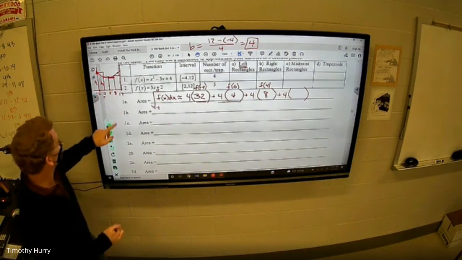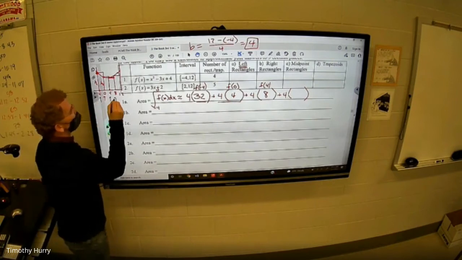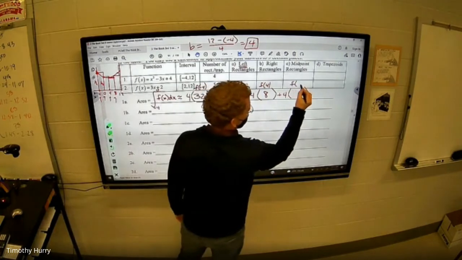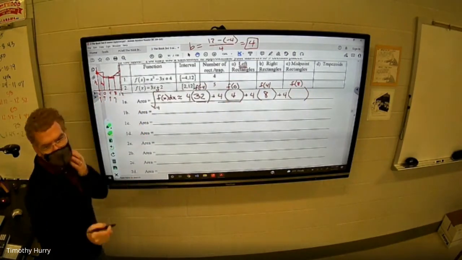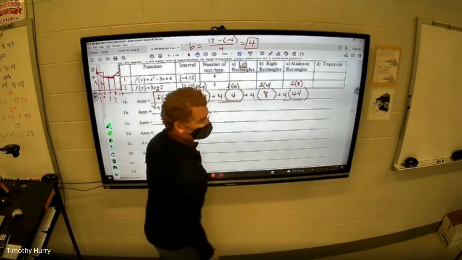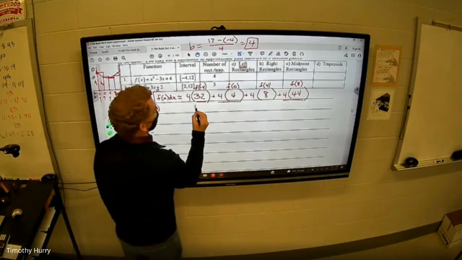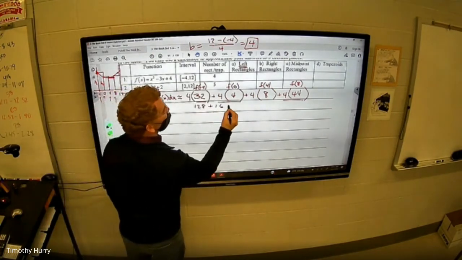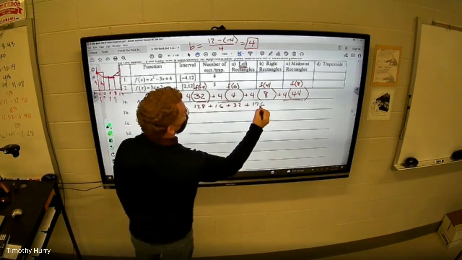So that was the first one, that was the second, that was the third. So finally, I plug in an f of 8. F of 8 in there gives me 64 minus 24 is 40, plus 4 is 44. At this point, I'm just careful to do the math. So that gives me what? A 128 plus a 16 plus a 32 plus a 176.